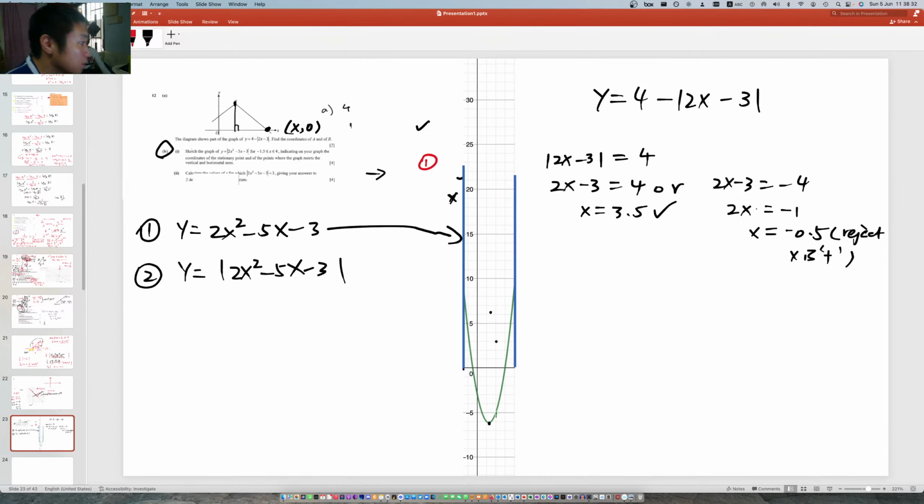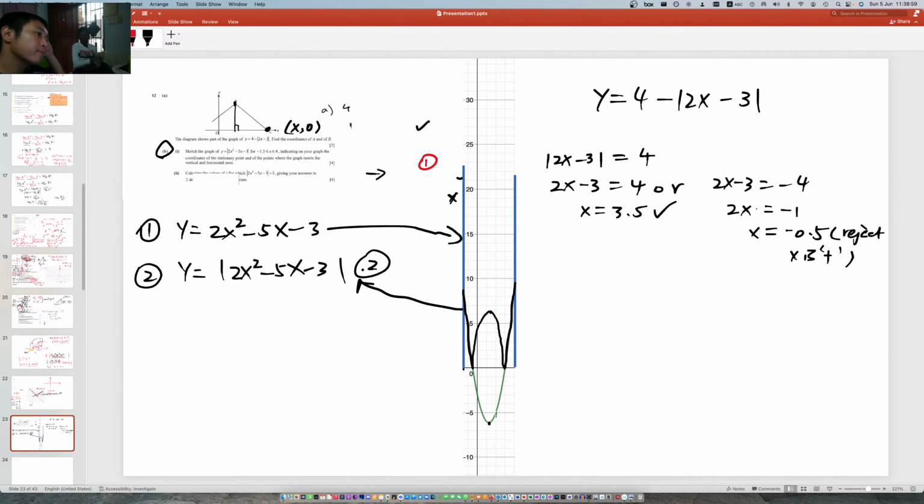Then what you do is you just go up and flip the bottom part below the x-axis. In fact, you are supposed to show the black one. So the black one will be your answer.